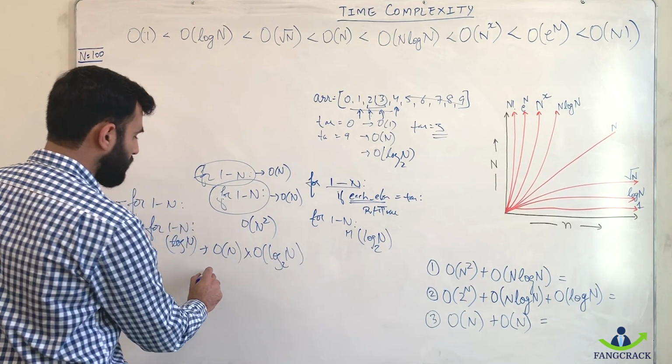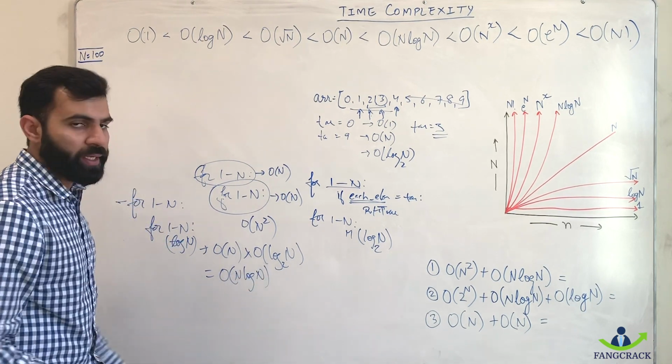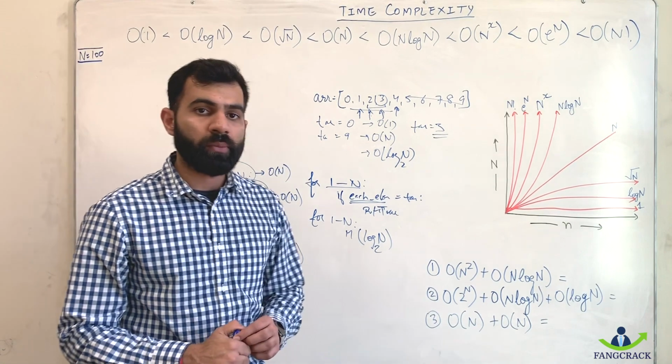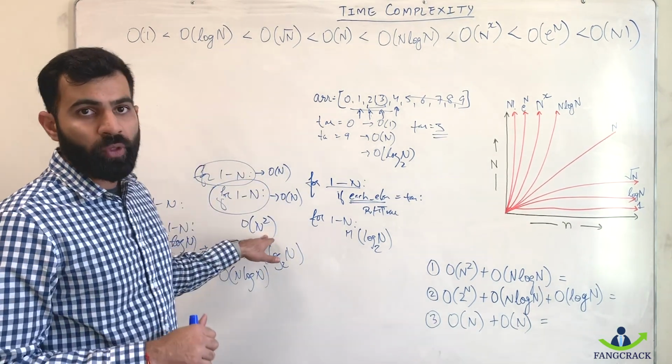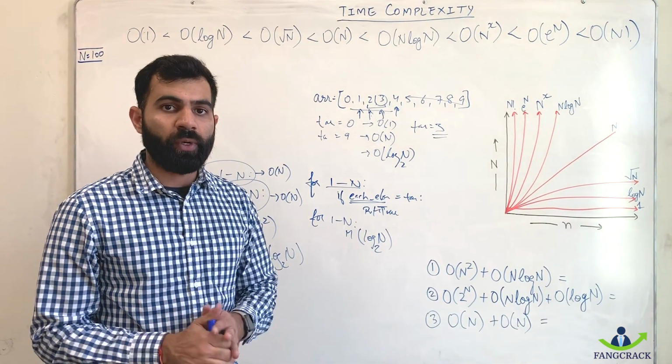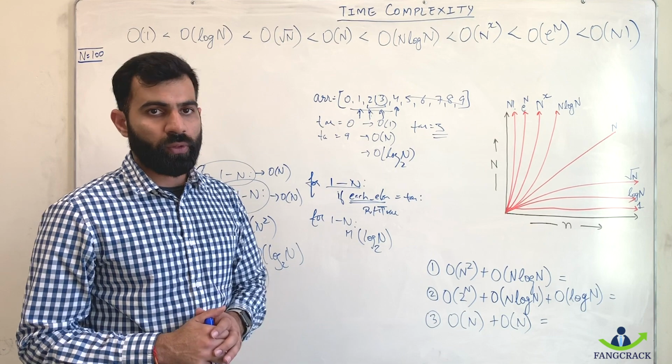So the overall time complexity will be big O of n log n, which we get in efficient sorting algorithms like quicksort, heap sort, etc. O(n squared) is a time complexity that you get, for example, in worst sorting algorithms like bubble sort.